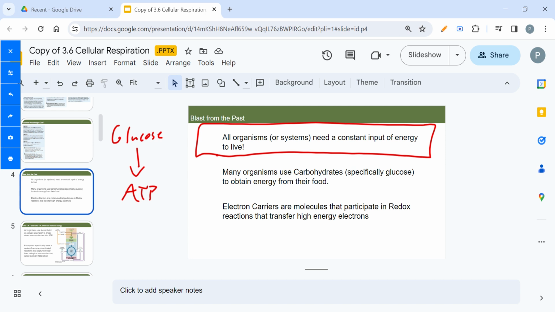Now, the two different ways this works: we're going to use this process that we'll call respiration, which is basically energy production. With oxygen, it's aerobic, and without oxygen, it's fermentation or anaerobic.